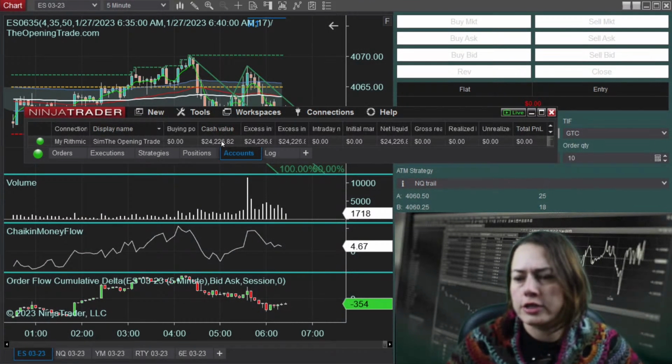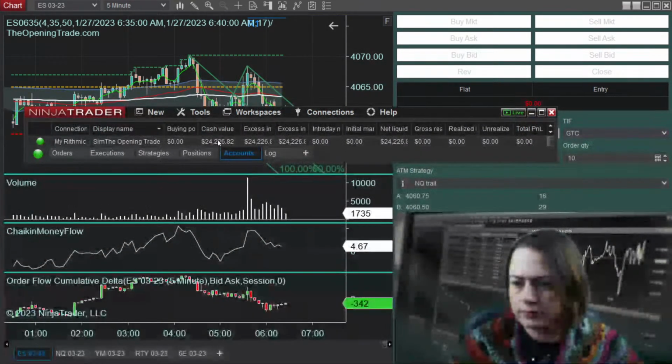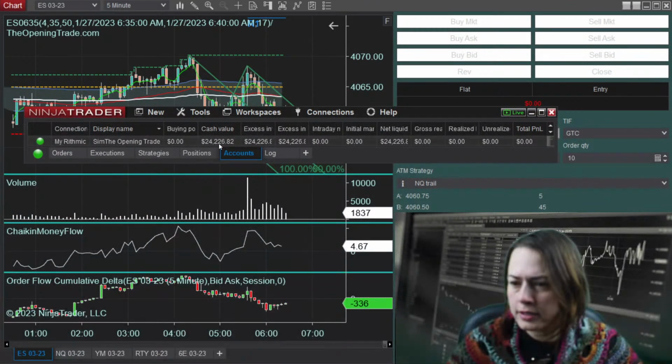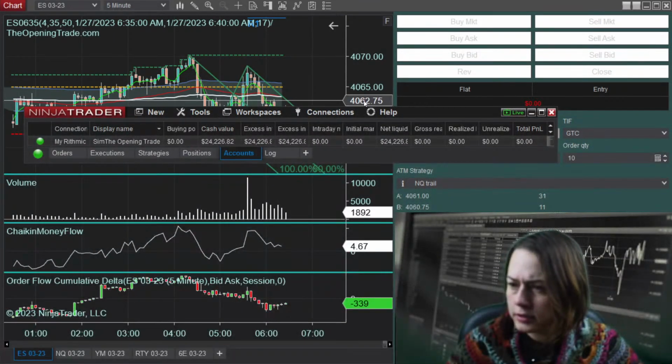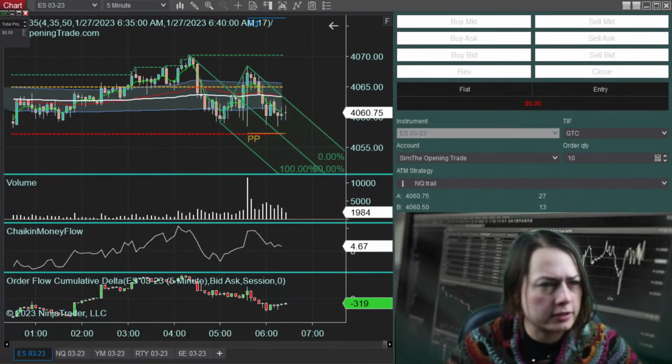So here is our, my chart's wrong. This is our current balance. Our starting balance is not this 24,000. We started with 25,000. So production will get that fixed later.